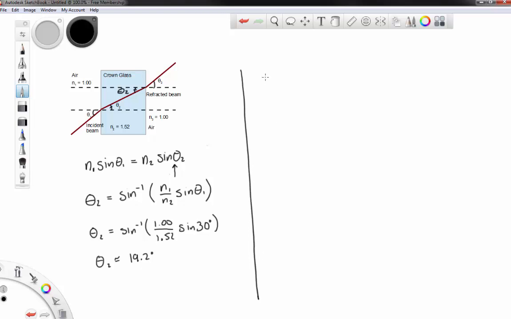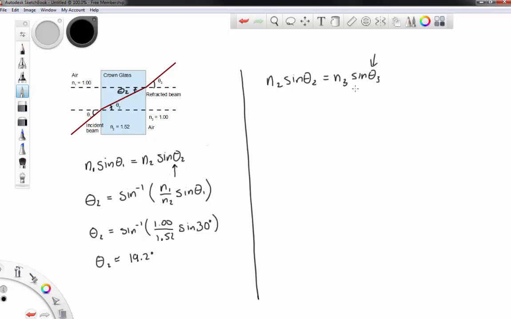So Snell's law, so this one's also 19.2 degrees. Now we're doing Snell's law to get back out. So we now have to use n2 sine theta 2 is equal to n3 sine theta 3. Since this equation is a new equation, I guess we'll have to go through all the steps to figure out what theta 3 is.